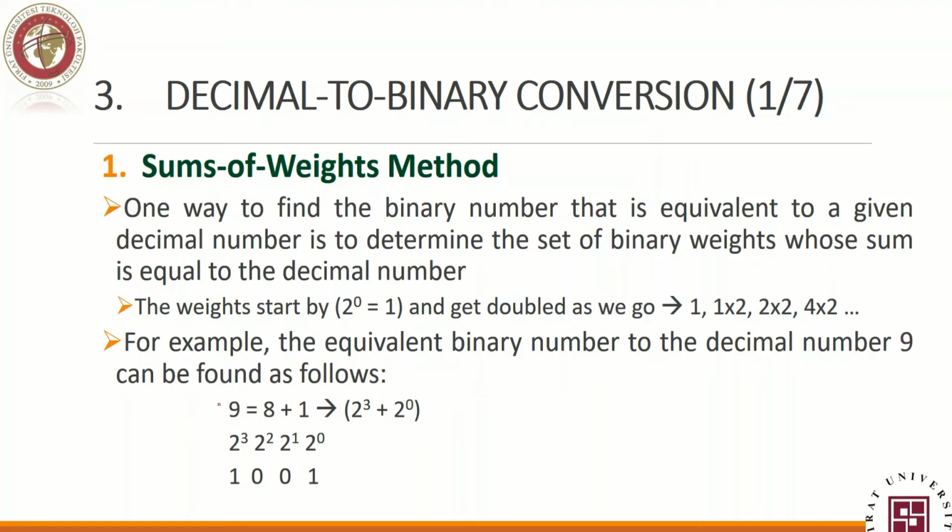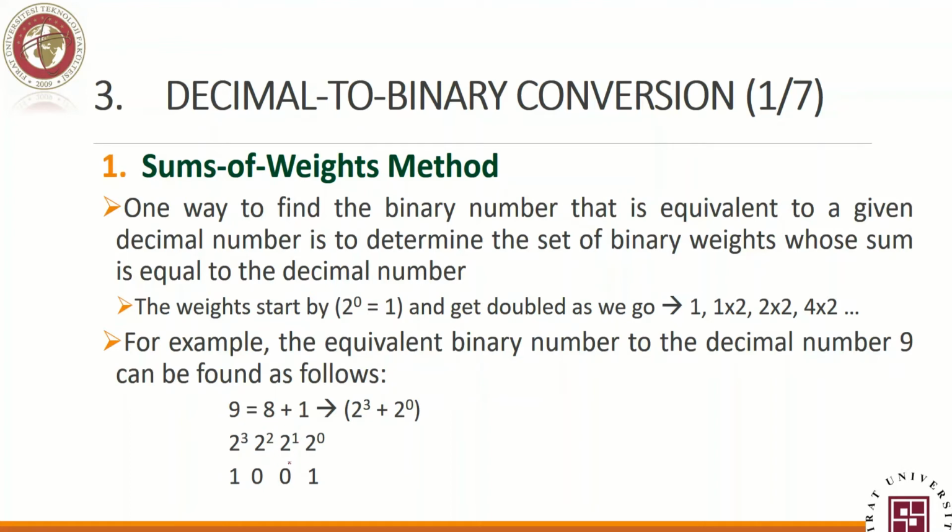It could also be 7 or 5, or higher, it doesn't matter. For this case we can say 8 plus 1. Why 1? Actually 1 has a positional weight 2 to 0. 8 has a positional weight 2 to 3, and that is the simplest decomposition. We don't have any repetition here.